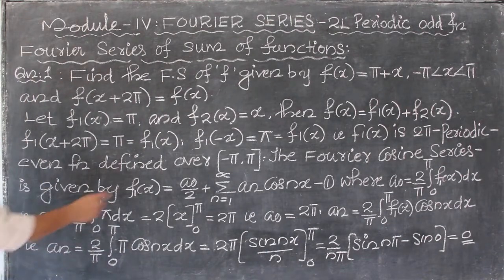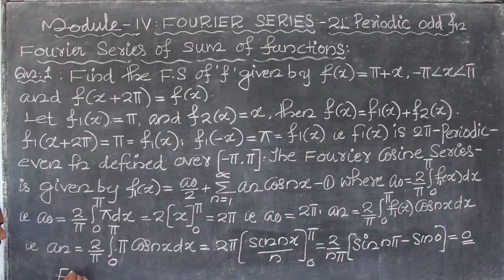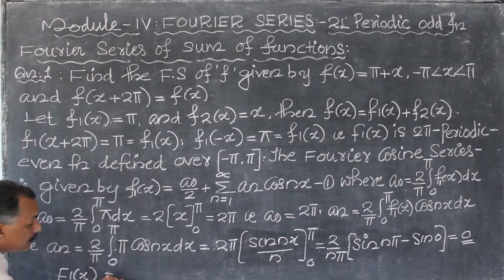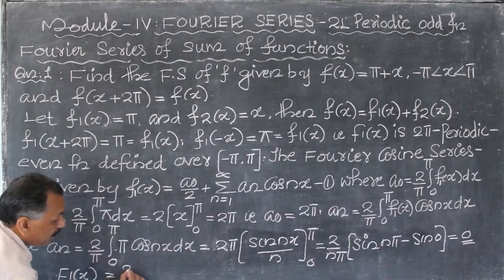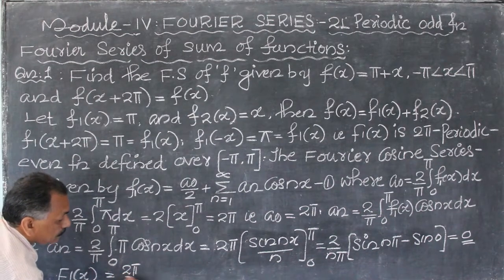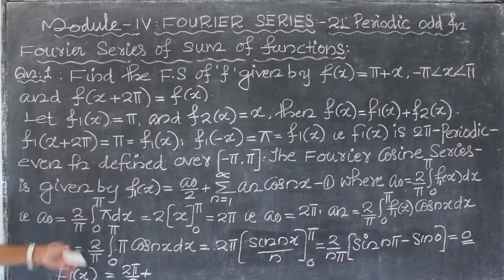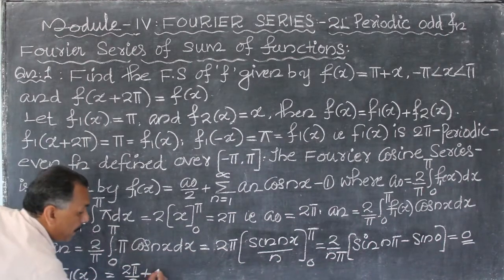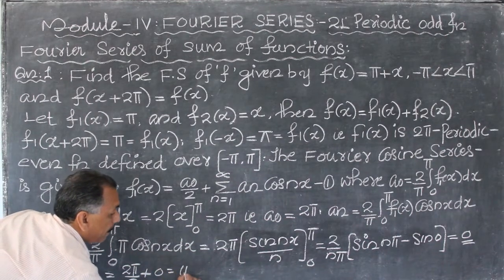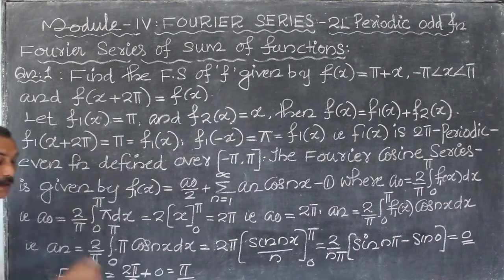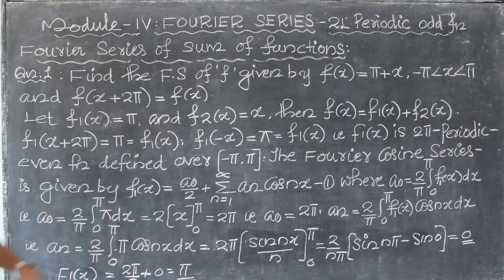That means the Fourier series of f1(x) is a0 by 2, a0 means 2 pi divided by 2, plus sigma n 1 to infinity an cos nx. What is the value of an? An is equal to 0. That is 2 by pi into 0. That is equal to pi. Okay. And then the Fourier series of f1(x) is equal to pi.